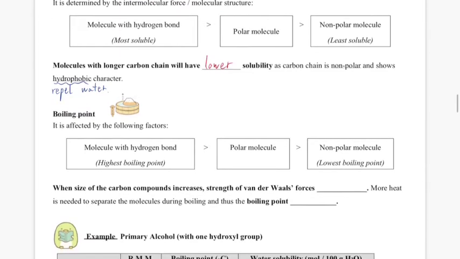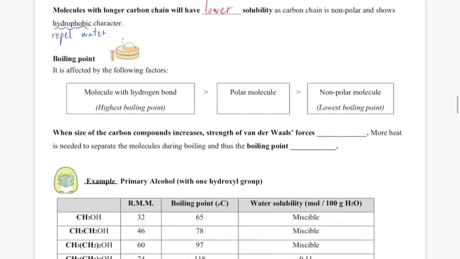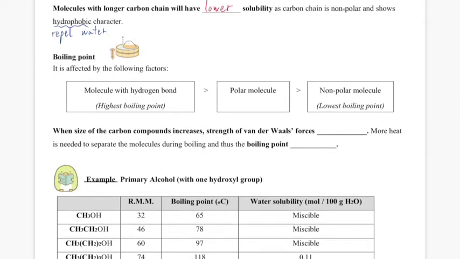And then the second part, sometimes we may also need to compare their boiling point. Again it will follow this order. We need to first consider whether hydrogen bond can occur within the molecule, and then the next factor, whether it's polar or not. If it's non-polar, it's going to have the lowest boiling point.